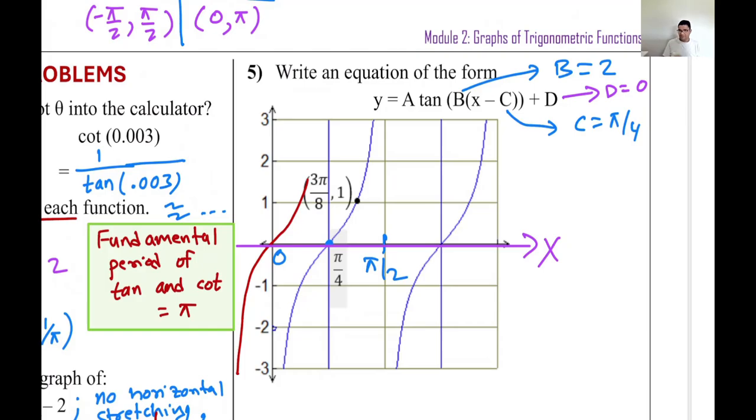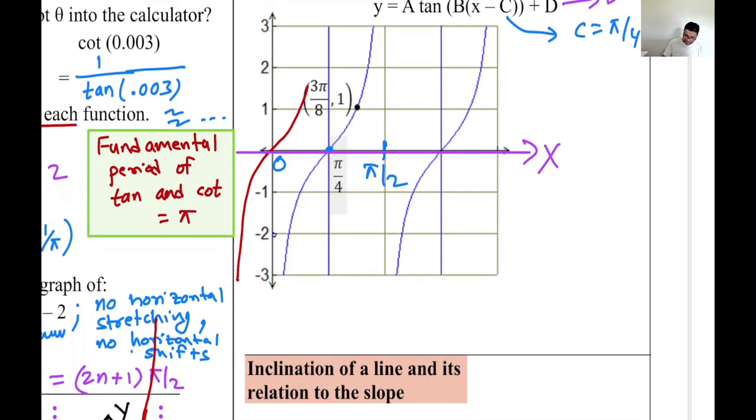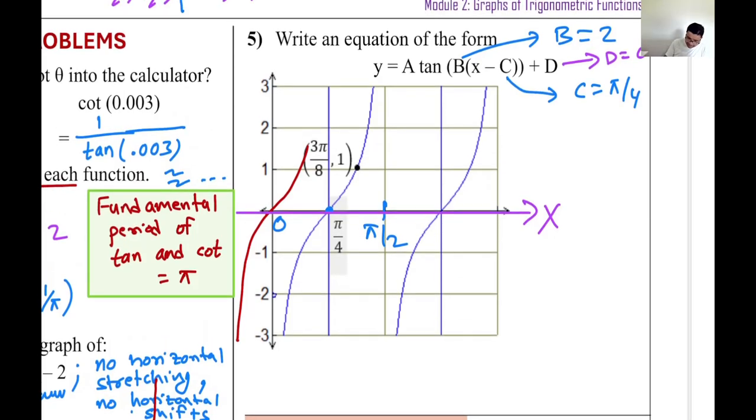Only thing remaining to be determined is A. And for that we can do this. I will write the equation down first. The equation will be y equals A tan of B, which is 2, times x minus c, which is pi over 4, plus d, which is 0. You can simplify it.